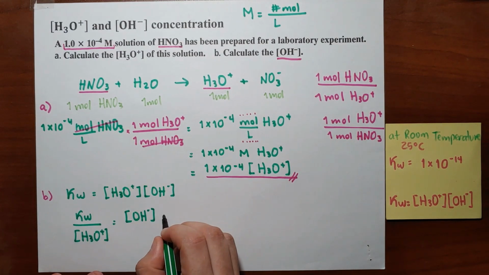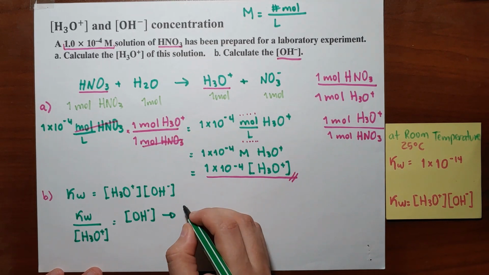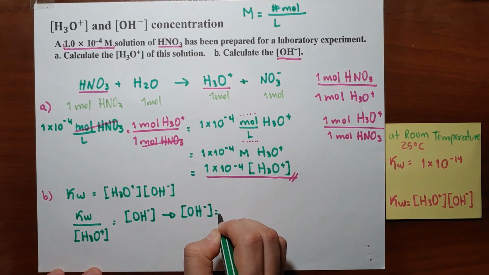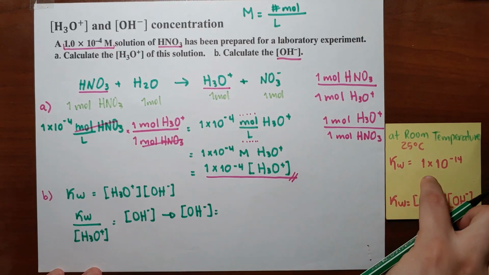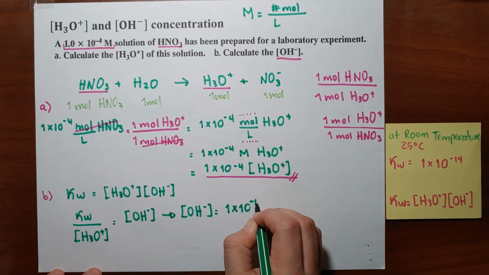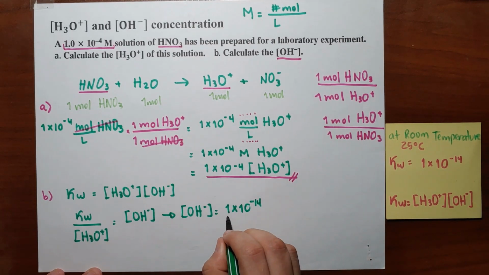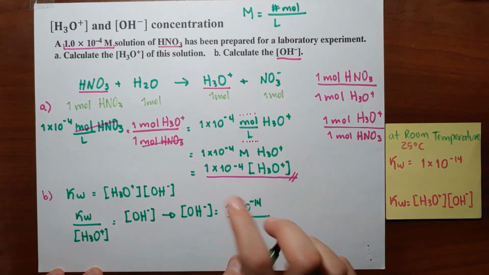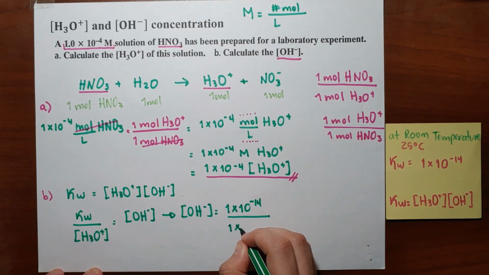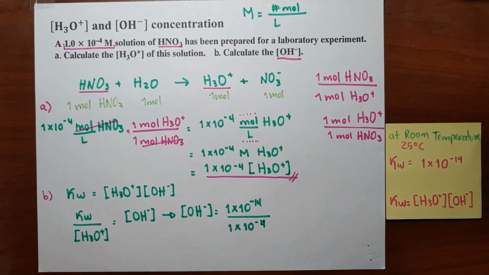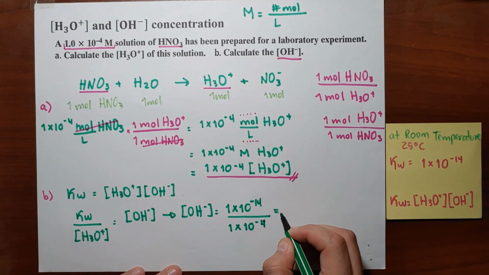Now, we say OH minus equals KW, 1 times 10 to the negative 14, divided by the concentration of H3O, that is 1 times 10 to the negative 4. Okay? Now, how much is this?